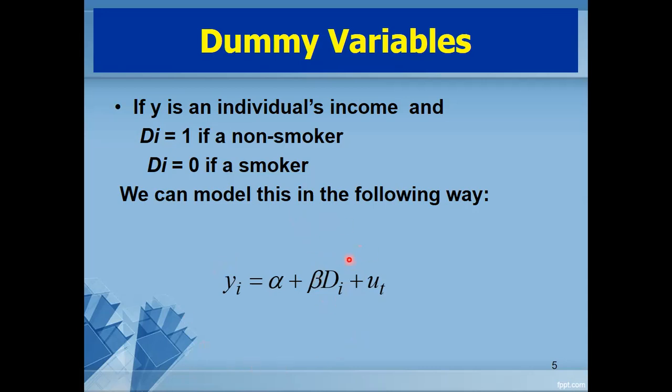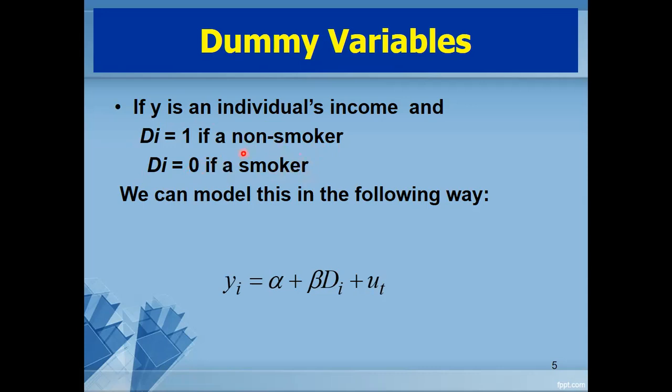Smoking behavior is qualitative. We can recognize two types within this smoking behavior: smokers and non-smokers. When you define this dummy variable, this is how we have defined it: we have assigned 1 for the non-smokers, and we have assigned 0 for the smokers.